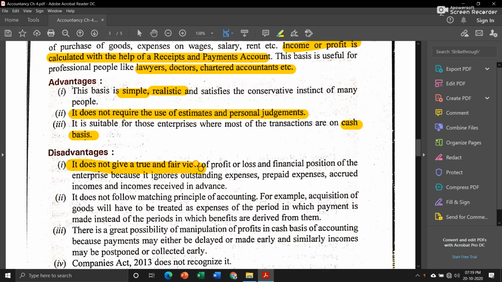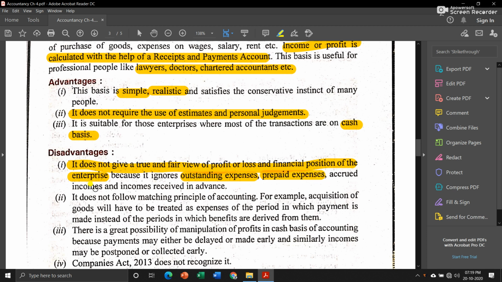It does not give a true and fair view of profit or loss and financial position of the enterprise, because it is ignoring all those transactions for which cash has not been received or payment has not been made. Just like outstanding expenses, means you were supposed to pay but you haven't paid yet. Prepaid expenses means you paid the expenses in advance.